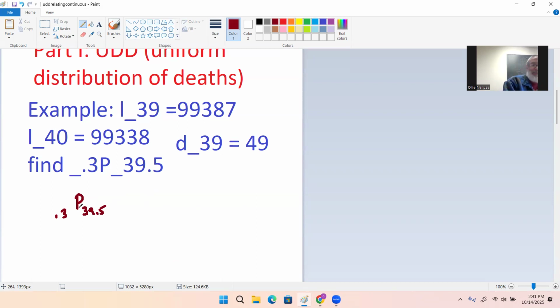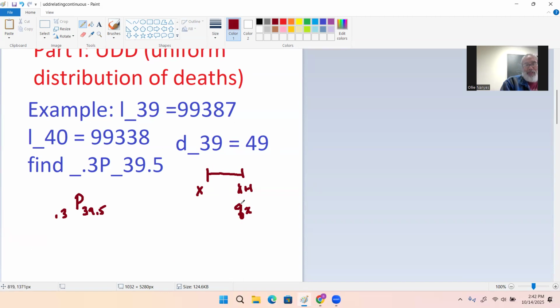Now, what that assumption really means is that if you have a life aged x and you want to go to x plus 1, well, by the mortality models, you know the probability of death in that period is denoted by q sub x. And the idea is that you have lives that die throughout this period.